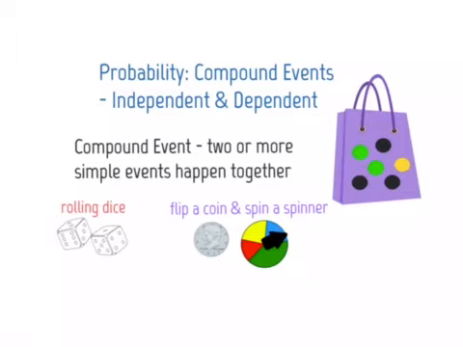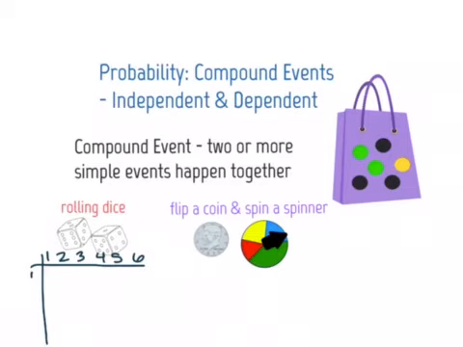If we're looking at the dice, and I wanted to make a list of possible outcomes, which is called looking at the sample space, I would create a chart where I'm comparing what's happening with one die, which I could get 1, 2, 3, 4, 5, or 6, to the other die.